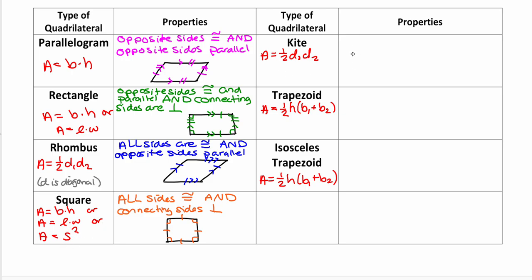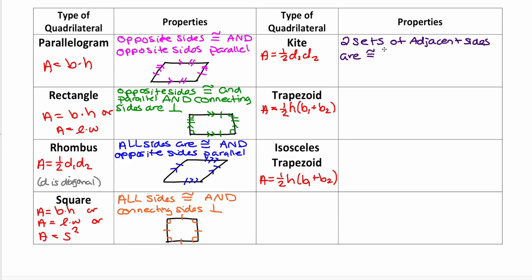The next shape we're going to look at is a kite. A kite has different properties. This is the one that is a little more complicated to comprehend. A kite has two sets of adjacent sides or connecting sides that are congruent.